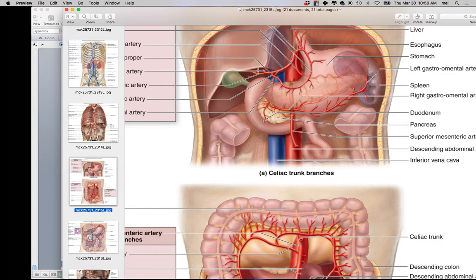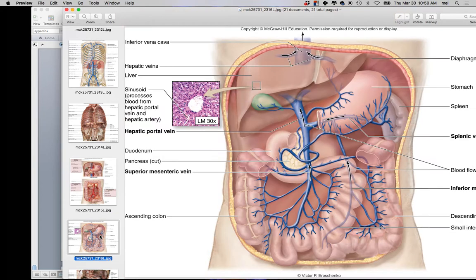This hepatic artery proper, delivering arterial blood, okay? And then we are going to do 2 other vessels. The 2 other vessels are the hepatic portal vein and the hepatic vein. What I want to do is compare them on 3 criteria.